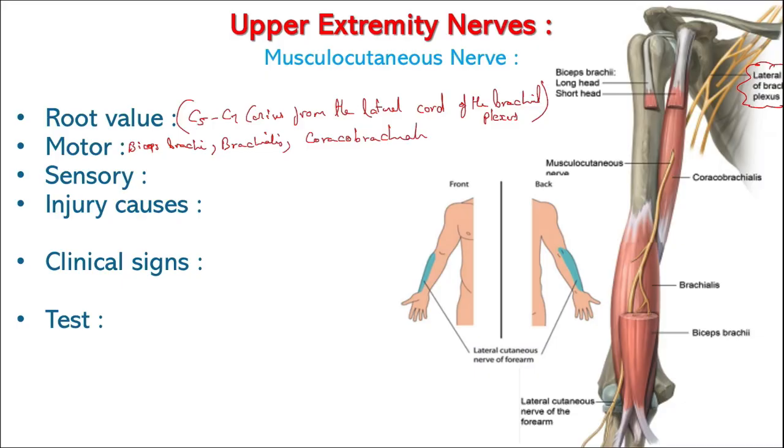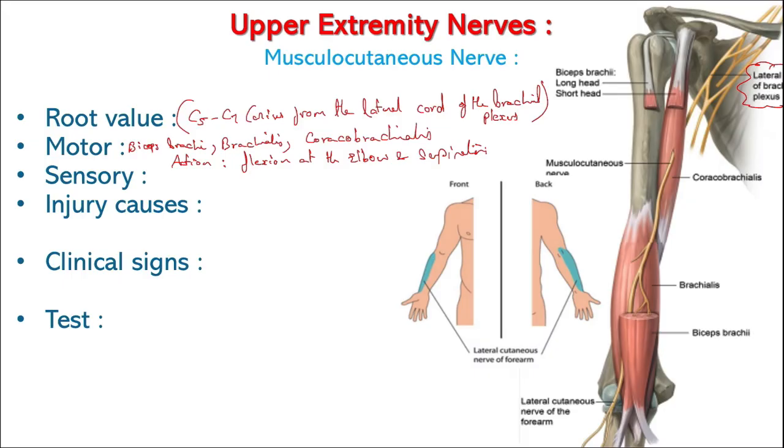It's very easy to remember because the musculocutaneous nerve comes inside the coracobrachialis muscle, and then biceps brachii and brachialis. This is the motor innervation. As for actions, we can see flexion of the elbow and supination.